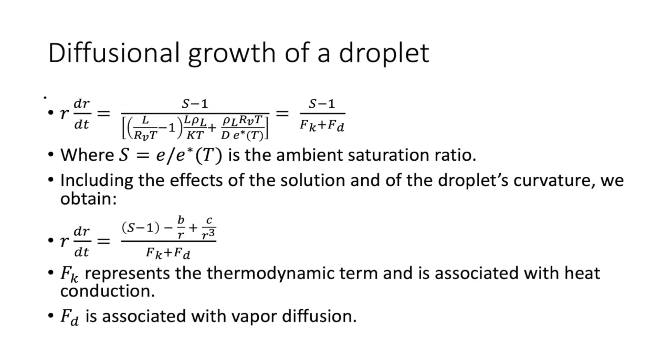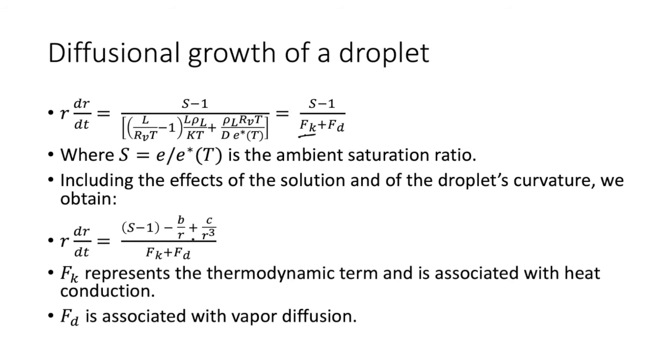Now we have a formula here for the diffusional growth of the droplet, for the growth of R. And this depends, at the denominator, on two terms, this term here and this term here. Notice that Fk contains this Kt term here.